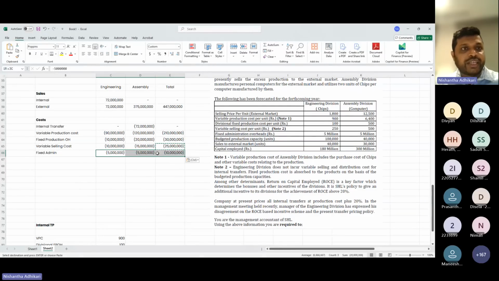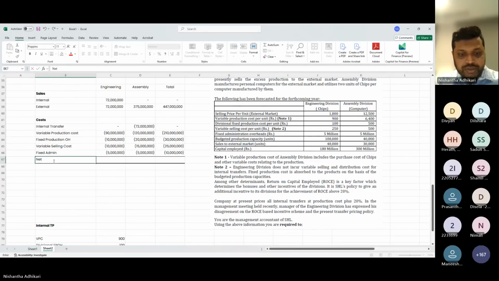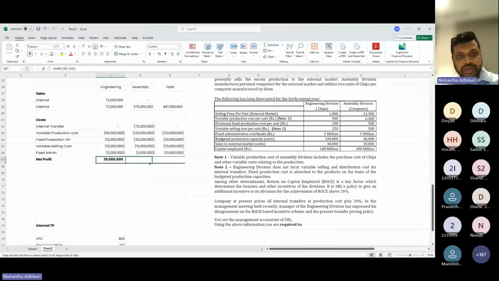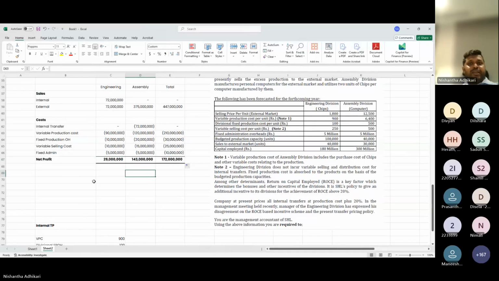Right, now you can calculate net profit. Net profit of each division, and total. Now you have to calculate the return on capital employed.